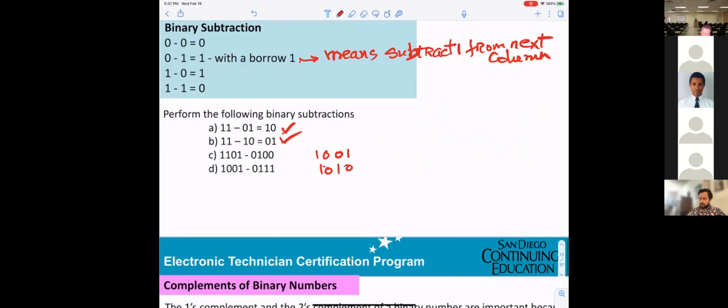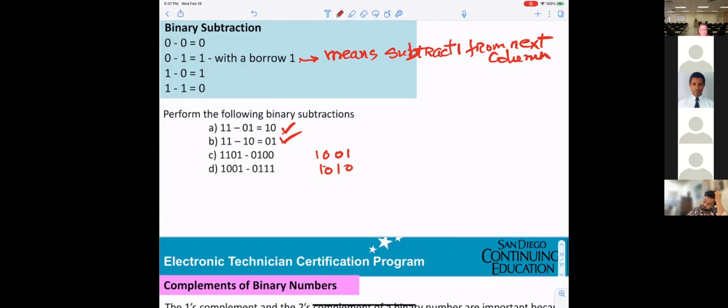That's 1001. Okay, anything else? Well, because the first number 1101 is really 13 and 0100 is really 4. And 13 take away 4 is 9 and 9 is 1001. Correct. But that is the way of looking at it in decimal subtraction.